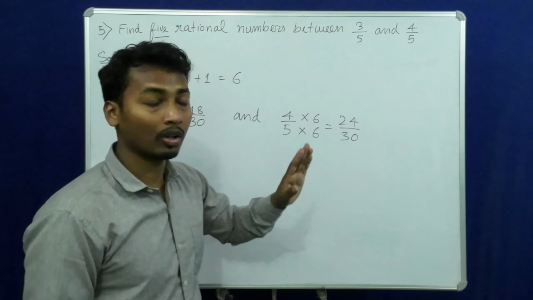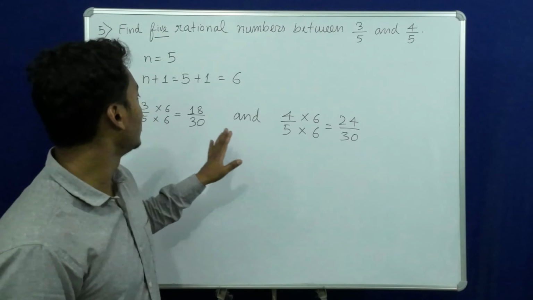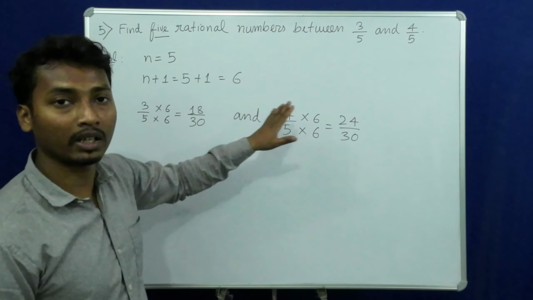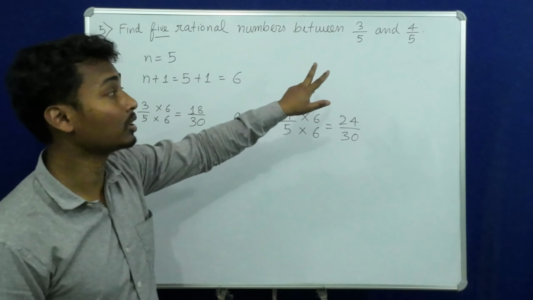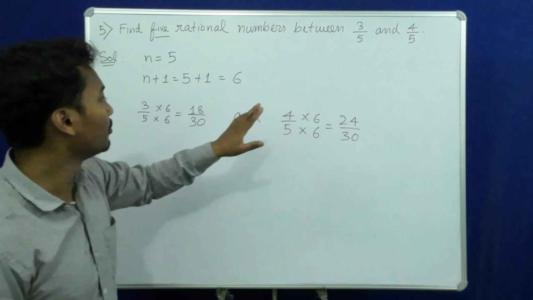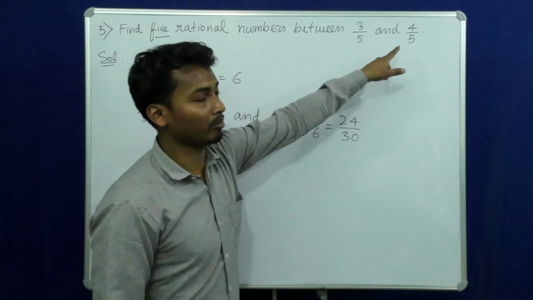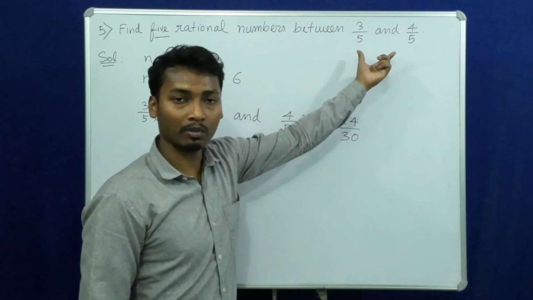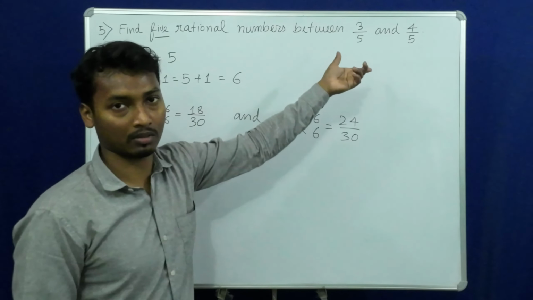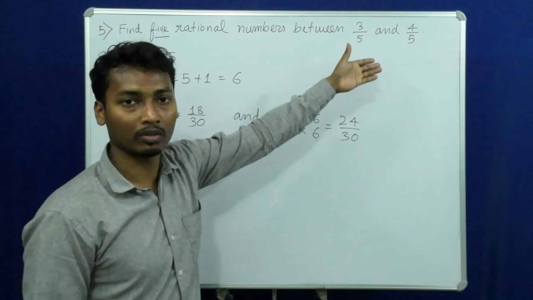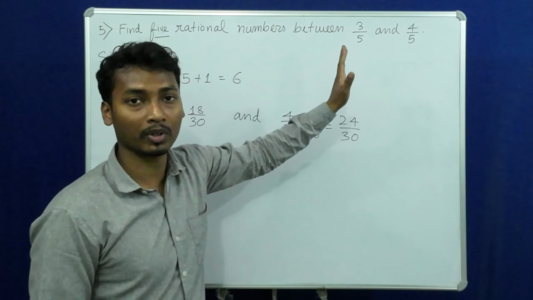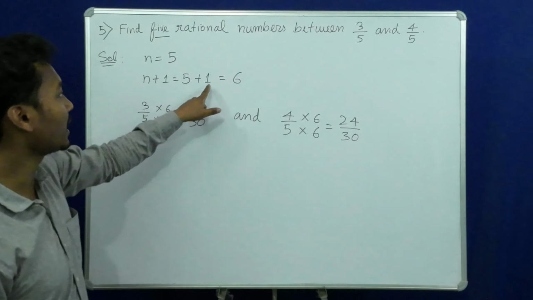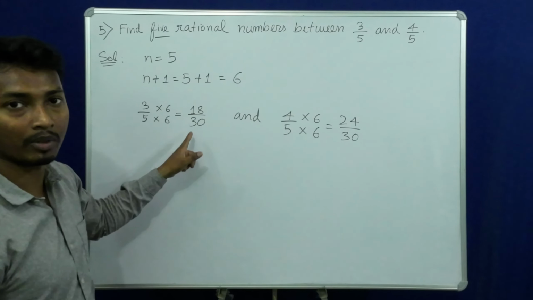Now always remember that before you multiply n plus 1 to the numerator and denominator of both the fractions or both the rational numbers, make sure the denominators are the same. If it is not given to be the same, find the LCM of the denominators and change it in terms of the LCM, so the denominator becomes the same, and then you multiply n plus 1 with the numerator and denominator.